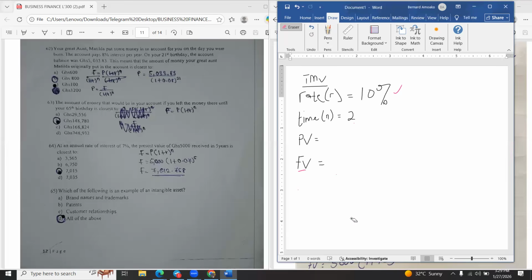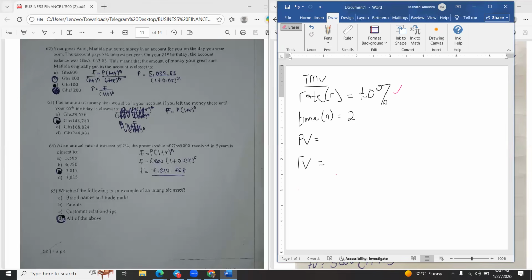I gave a question in the morning for you to look at. Question 62 says, your great aunt Matilda put some money in an account for you on the day you were born. The account pays 8% interest per year. On your 21st birthday, the account balance was 5033.83. This means that the amount of money your great aunt Matilda originally put in the account is closest to what?